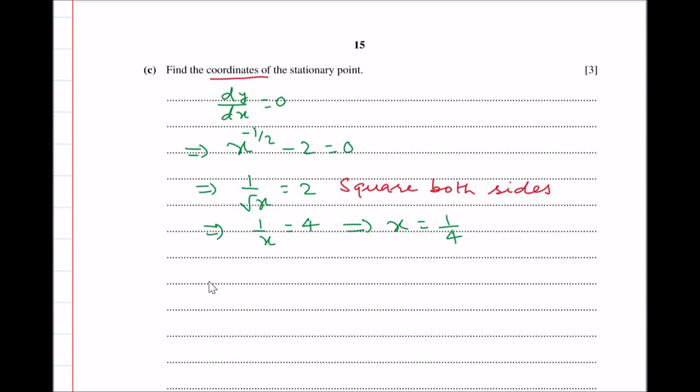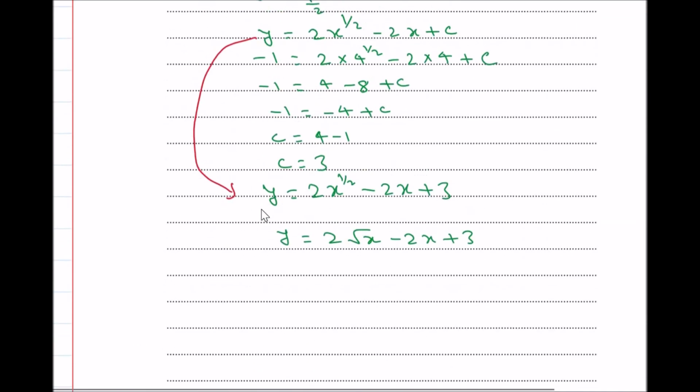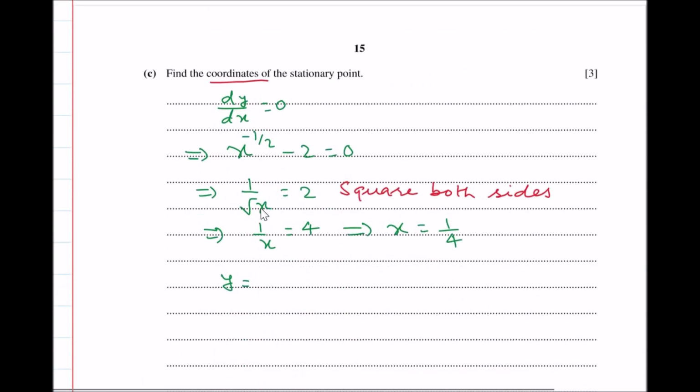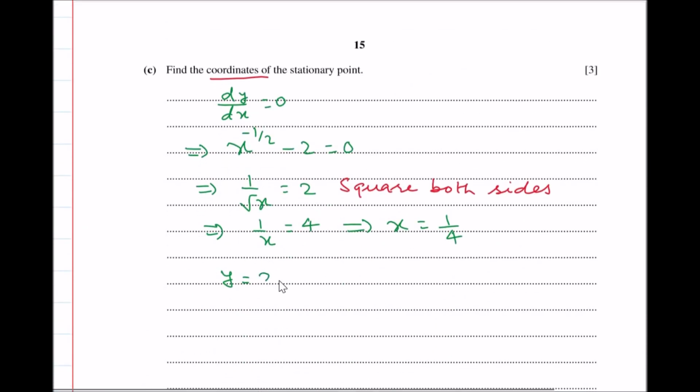So y equal to, put this x equal to 1 by 4 in the equation of the curve. We have 2 root x minus 2x plus 3.